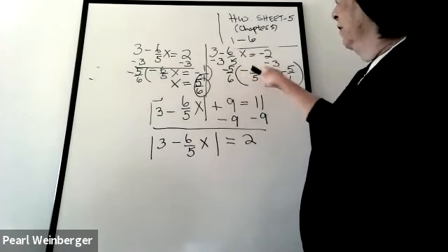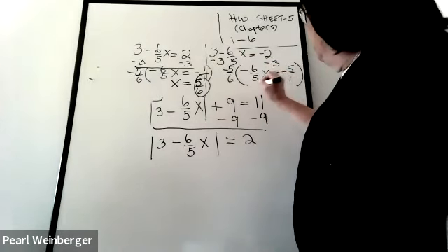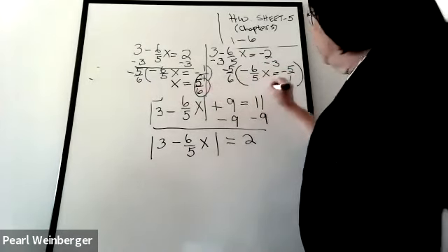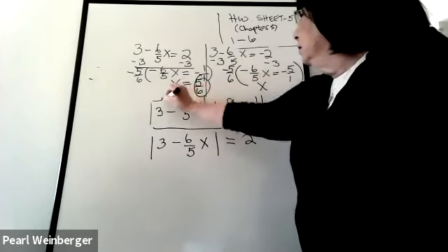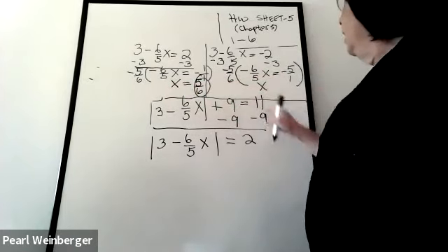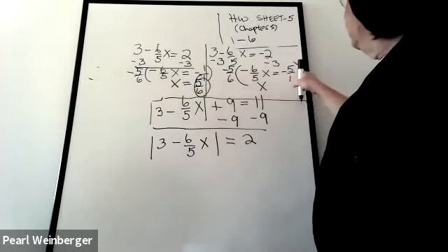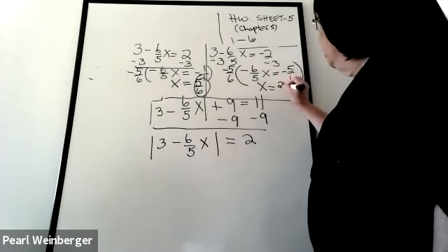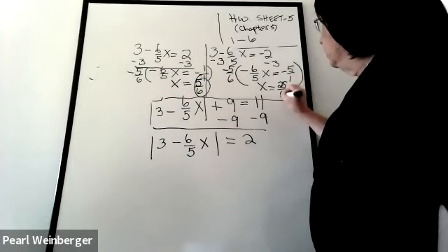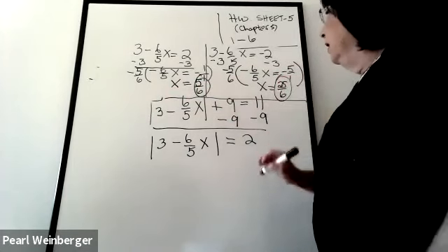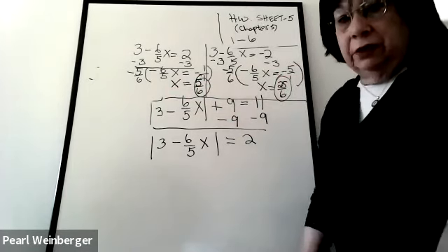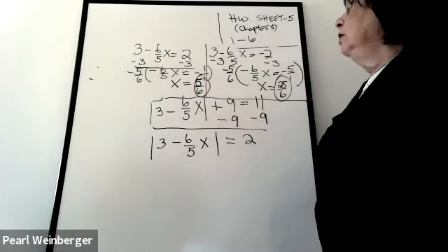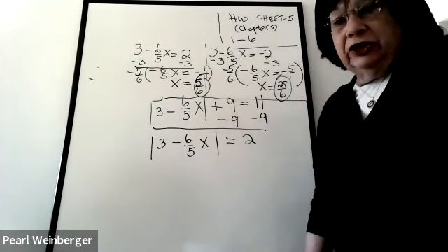Now, negative 5 over 6 times negative 6 over 5 just, again, gives me plain 1. So that's x. And negative 5 over 6 times negative 5 over 1 gives me positive 25 over 6. So here's my second answer. You have to be a little bit careful with your fractions.